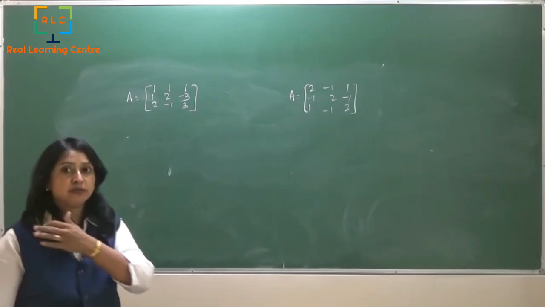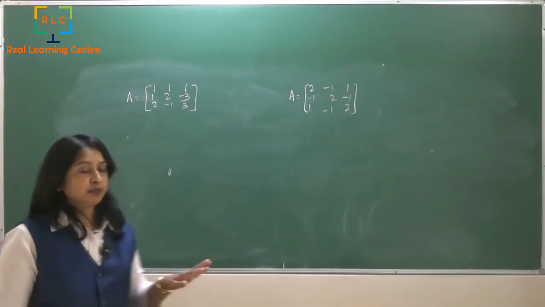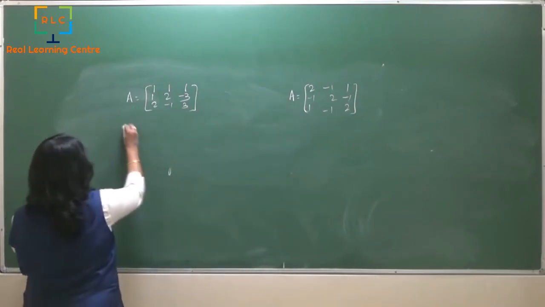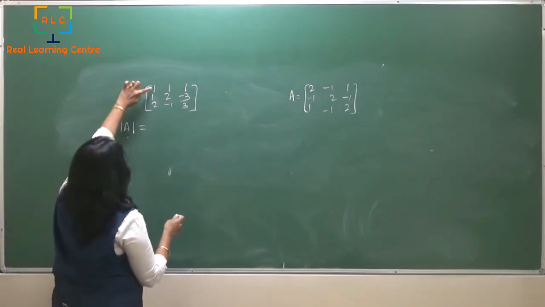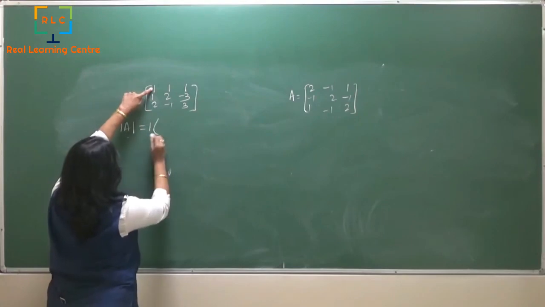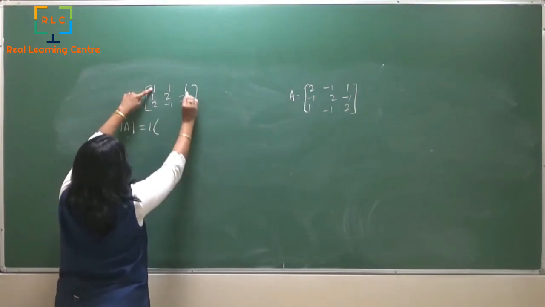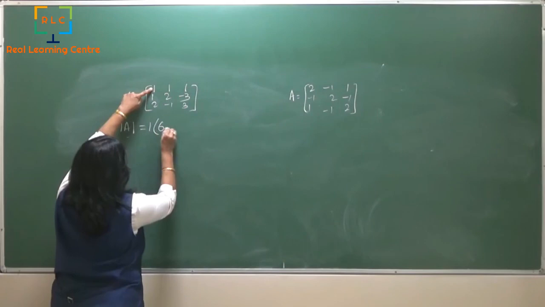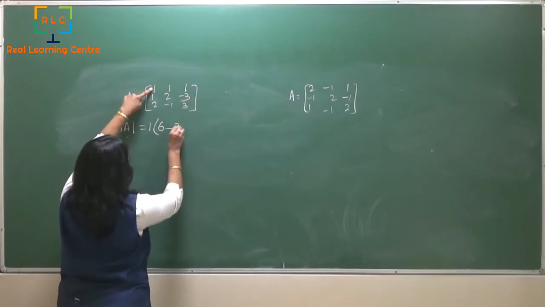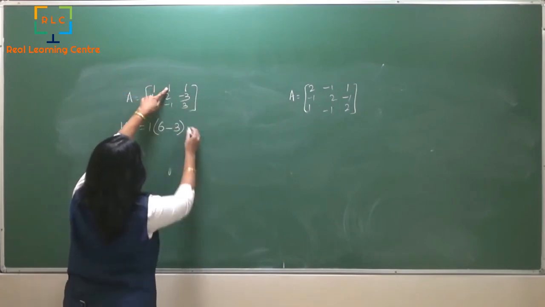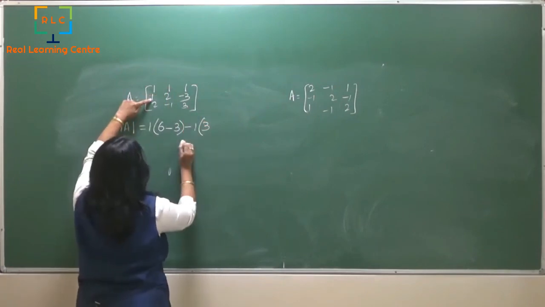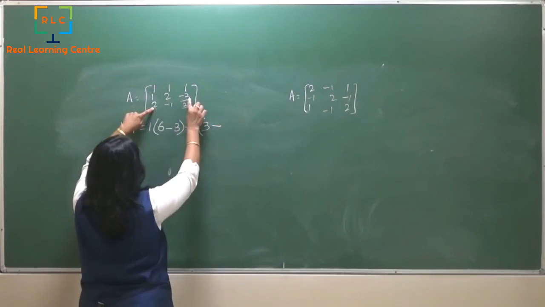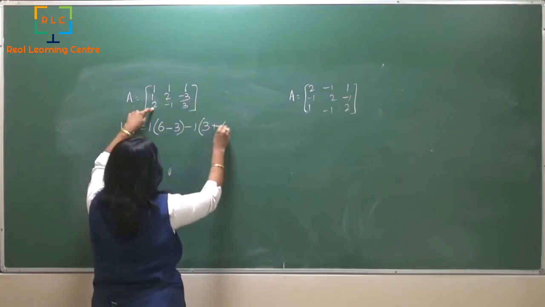Learn to take out the determinant always along row number 1. So I'll go to row number 1. So I shall say determinant A or delta A is equal to row number 1. 1 I shall write as it is. Use these 4 elements. It will be 3, 2 3s are 6, minus 1 into minus 3 is 3. I shall write this with the opposite sign, minus 1 into, so this will be 3 minus 2 into minus 3 is minus 6, so this becomes plus 6.